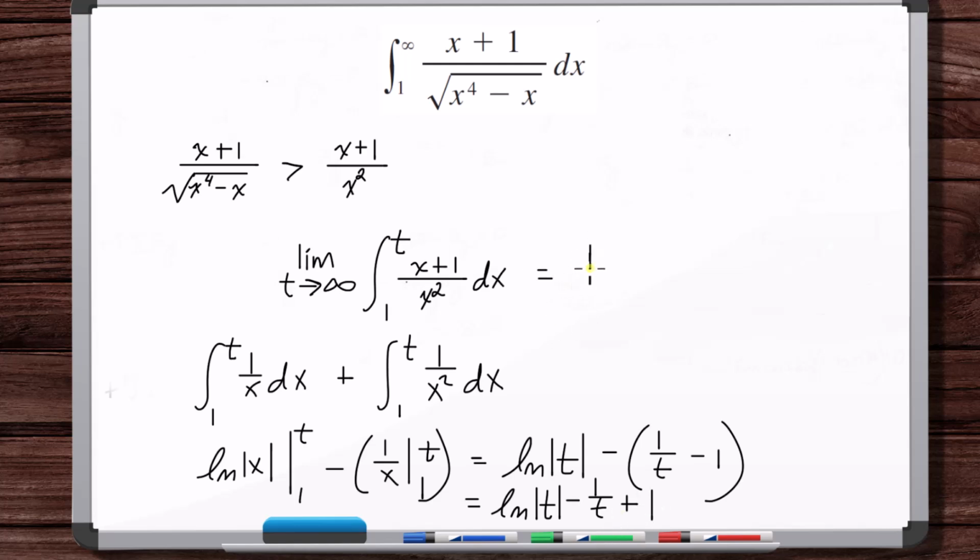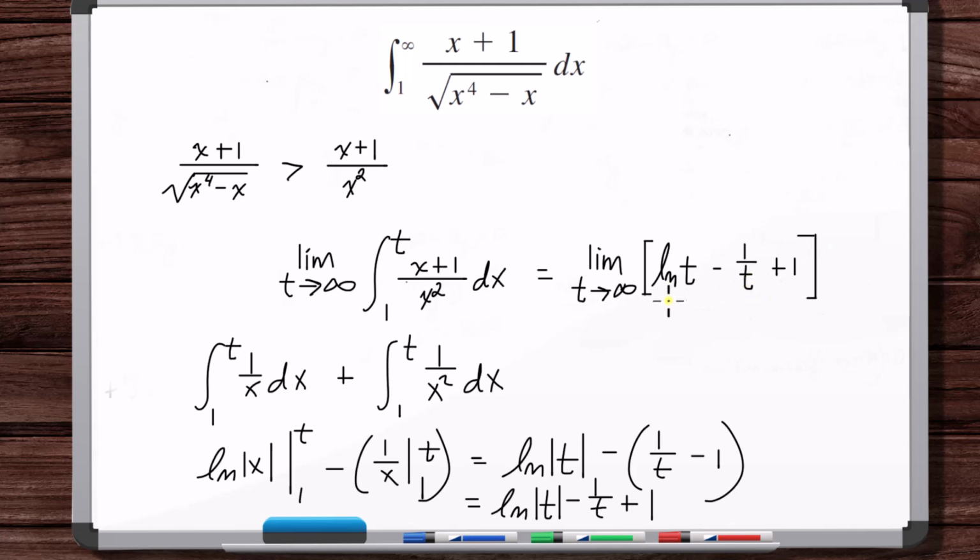So this is equal to the limit as t approaches infinity. Infinity is always positive, so we could just take away the absolute value. As t goes to infinity, this goes to 0.